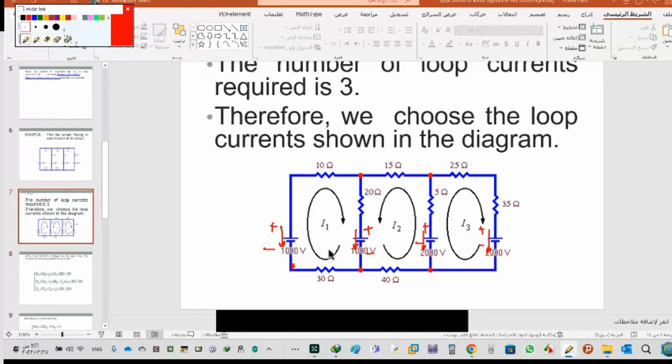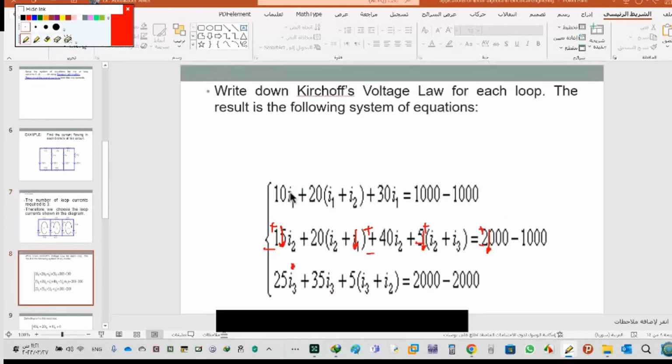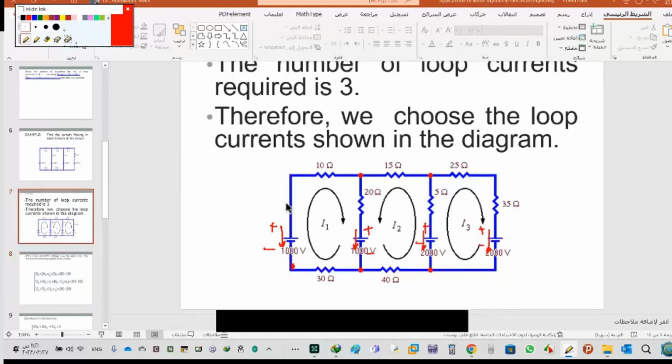This part, let's take I and R. So I1 with 30 ohm, plus I1 with 10 ohm, plus I1 with 20. This opposite. See here, 10 I1, then 20 times I1 minus I2. Here we have two currents. So I1 minus I2, with I2 in the same direction, it's positive.